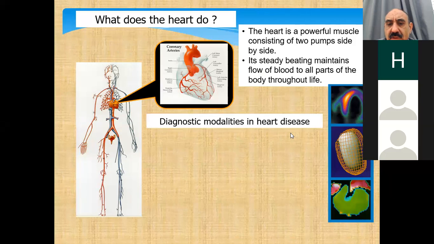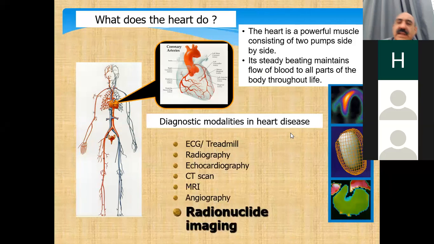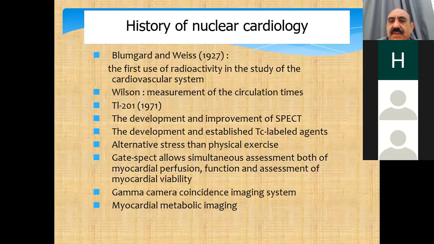And we have a lot of diagnostic modalities for heart disease. We are going to concentrate for a while on radionuclide imaging. So let us start. The history of nuclear cardiology is a long history.